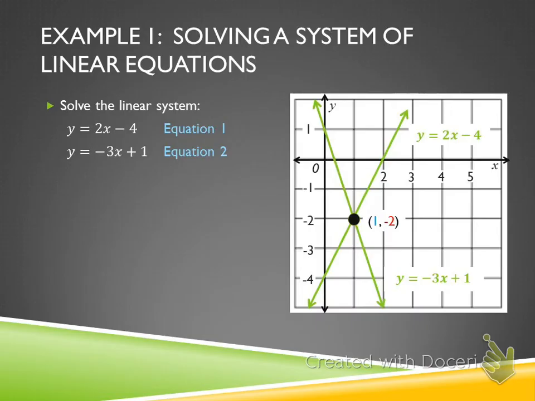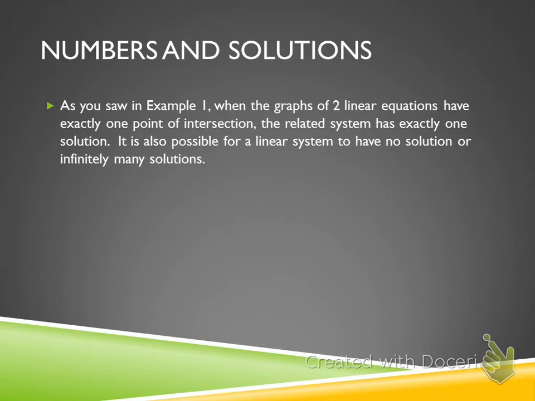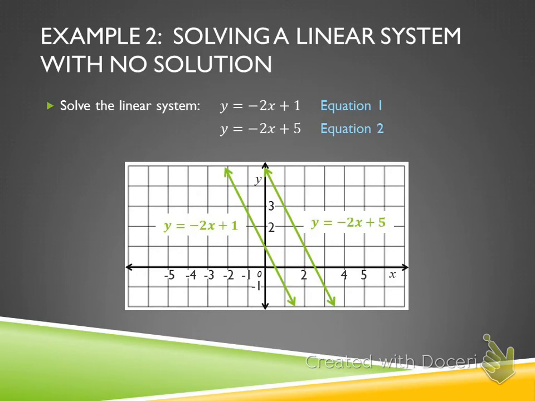All right, example 2 now. Okay, we're still trying to figure out what is the solution to this system of linear equations. But now these equations are going to look a little different. Now, without looking at the graph, I just want you to look at the equations up here for a second. What do you notice about these equations? Anybody have any observations?